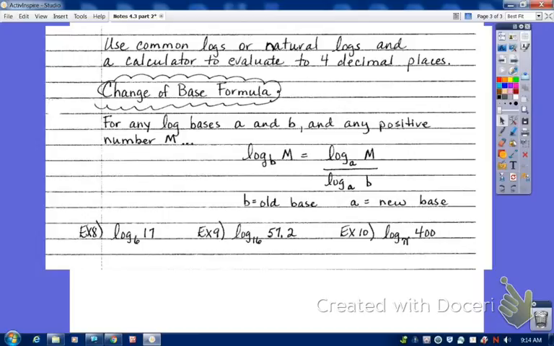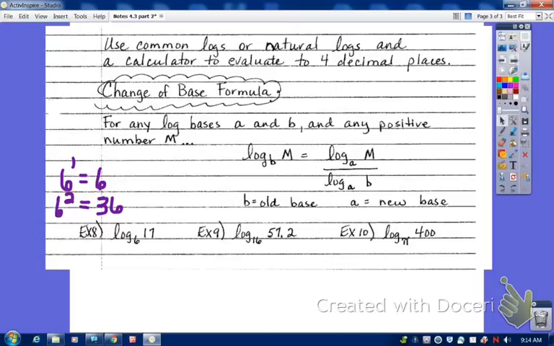No, because 6 to the first power is 6, and 6 to the second power is 36. So that means that the answer to log base 6 of 17 would be some power between 1 and 2. But we were just not made to figure that out in our heads.